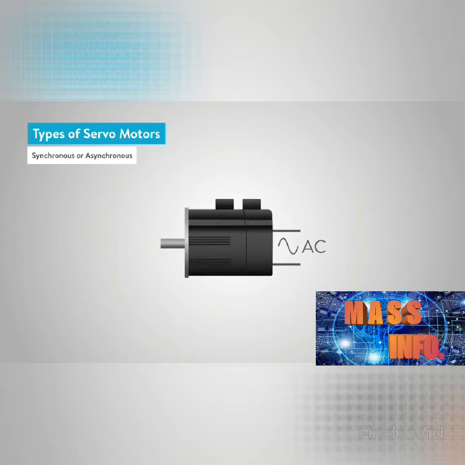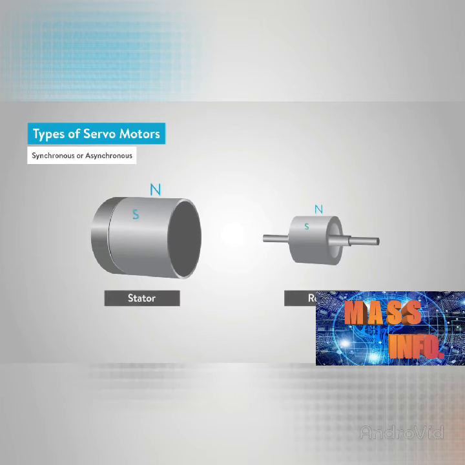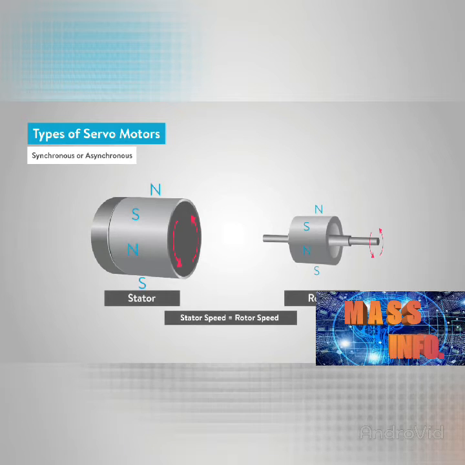If we recall from the AC-DC consideration, in an AC motor, speed is determined by the frequency of the supply voltage and the number of magnetic poles. This speed is referred to as the synchronous speed. Therefore, in a synchronous motor, the rotor rotates at the same speed as the stator's rotating magnetic field.